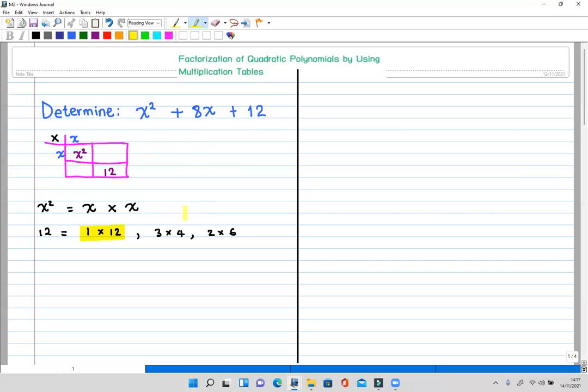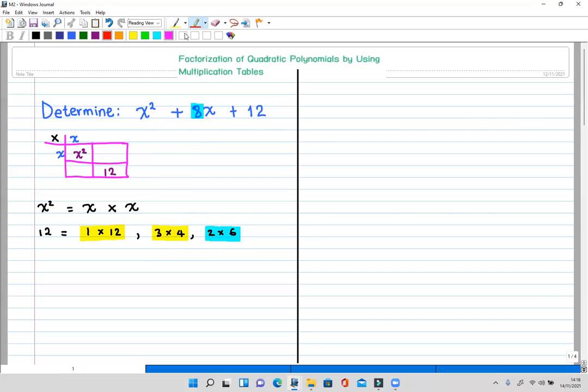You see, 1 times 12 is 12, but 1 plus 12 is not equal to 8. If we use 3 times 4, 3 times 4 is 12, but 3 plus 4 is not equal to 8. But if we take 2 times 6, 2 times 6 is 12, and 2 plus 6 is 8.